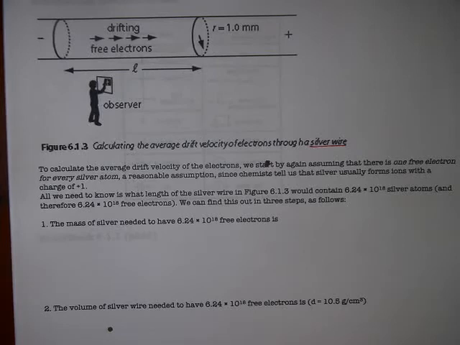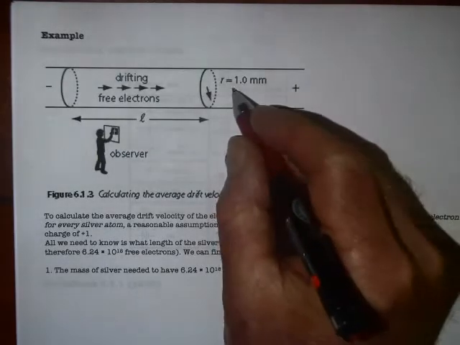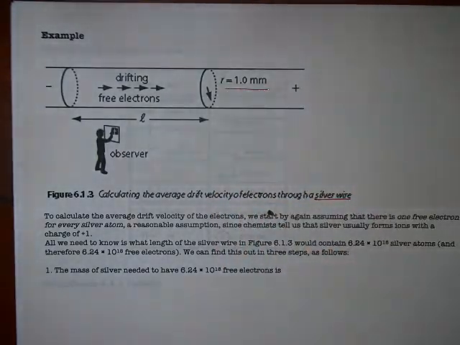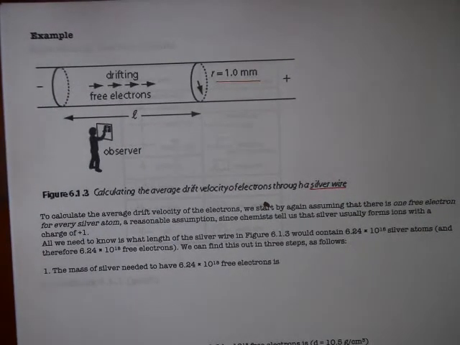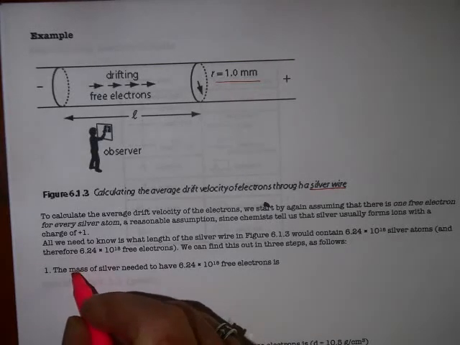And we need to know the length of the wire and we're given the diameter already. So here's the diameter here. So we only need to do length. So here we go. The mass of silver. So this is the first thing we have to calculate.